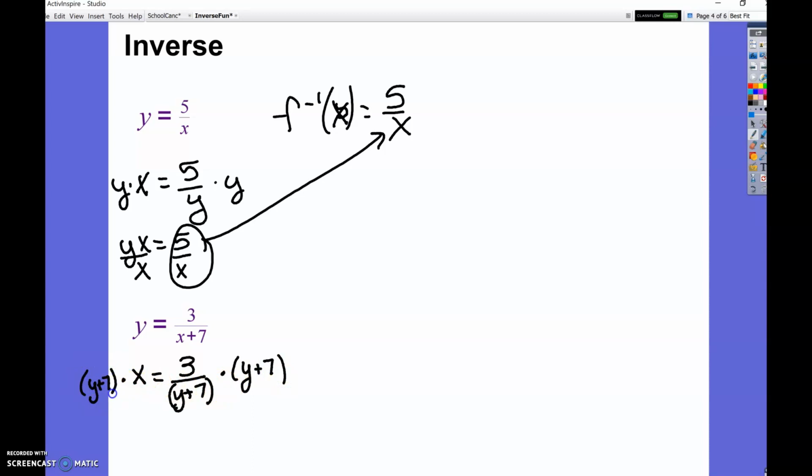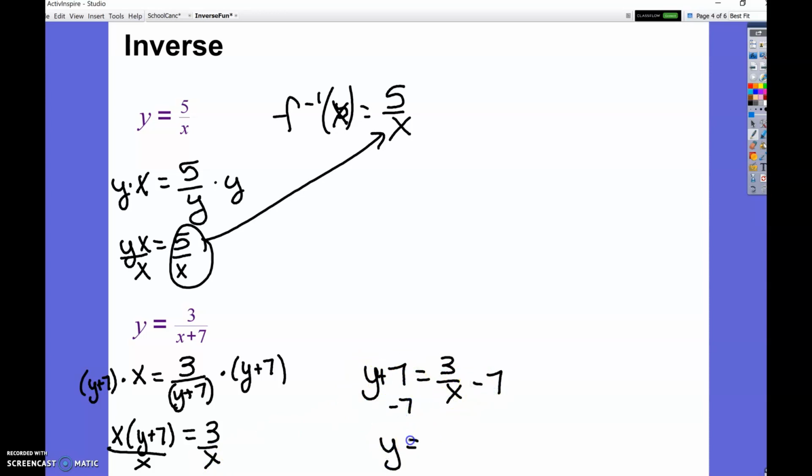So when you have y plus 7 times x, you've got x times y plus 7 equals 3. To get the y alone, you'd want to divide by x here. So you'd have y plus 7 equals 3 over x, and then you want to minus 7 at the end. So your inverse is 3 over x minus 7.